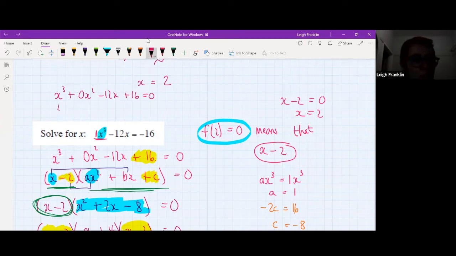So 2 cubed plus 0 times 2 squared minus 12 times 2 plus 16. As it turns out, this gives us 0 as an answer. So when we sub 2 in and we get 0 as an answer, it means that x minus 2 is one of our linear factors.